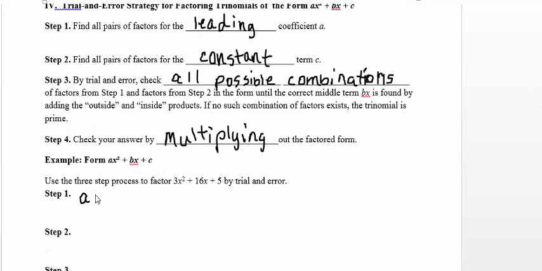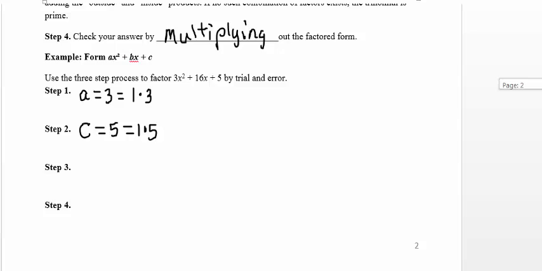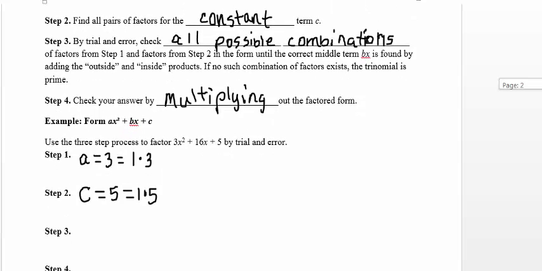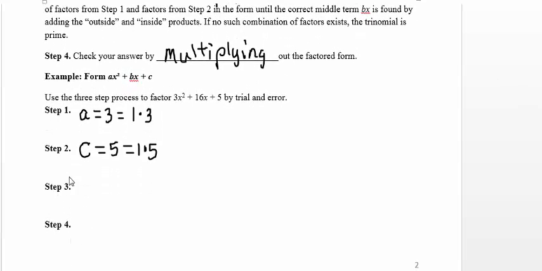So let's look at factoring this polynomial where a is 3. The factors of that are just 1 and 3. And c is 5, whose factors are just 1 and 5. So this is easy because a is prime and c is prime, so there aren't a lot of factor options.